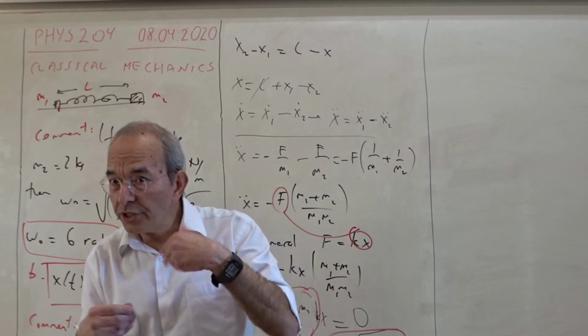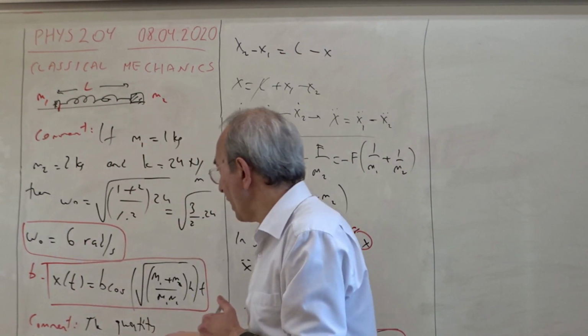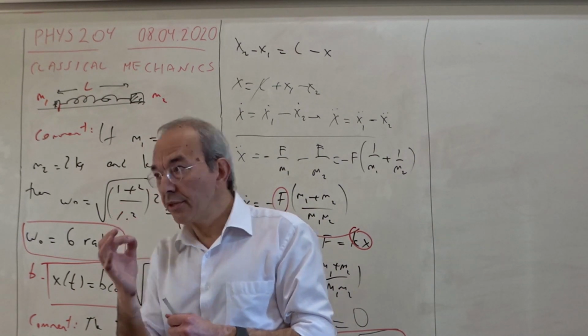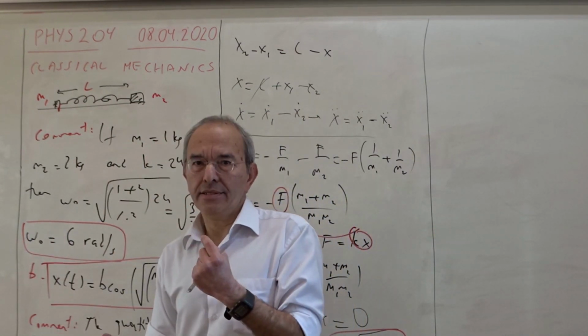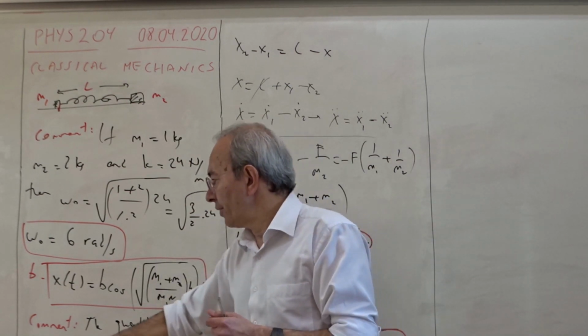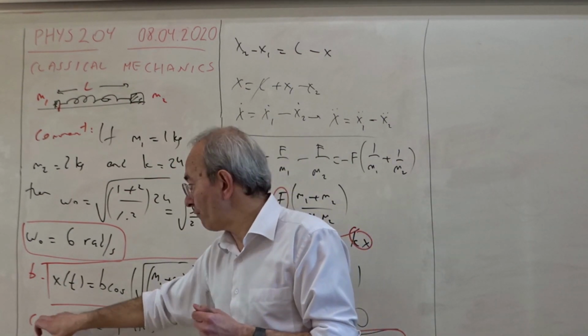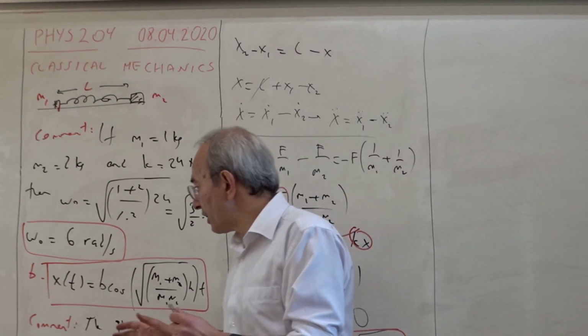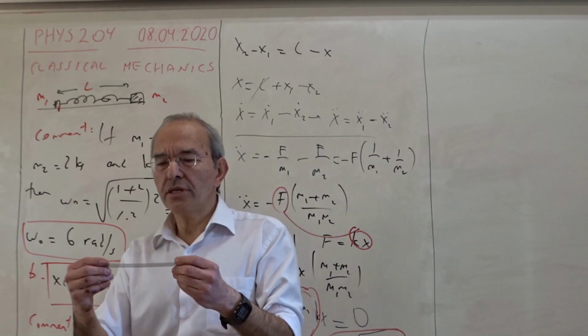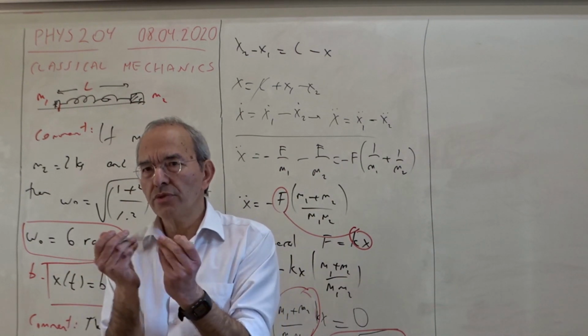However, we can convert it to a new case where we have a single spring, the same spring, attached to a single mass. That single mass, if it had a value of m1, m2 or m1 plus m2, we would necessarily get the same frequency. So this system is making oscillations with a certain omega 0.